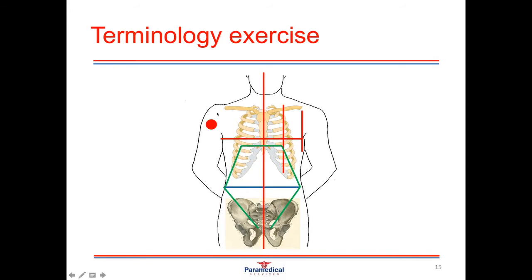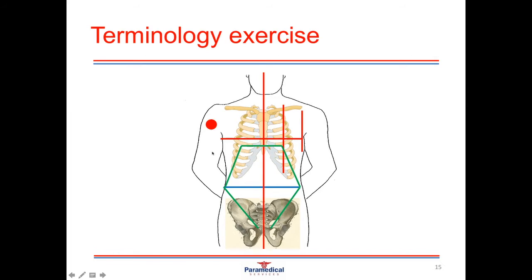Now, with our arm, we need to define whether this is on the front portion of the arm, the anterior portion, or on the back portion of the arm. We would state this was on the anterior portion of the arm, the proximal third of the humerus.